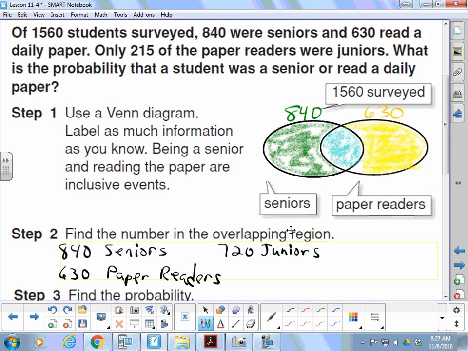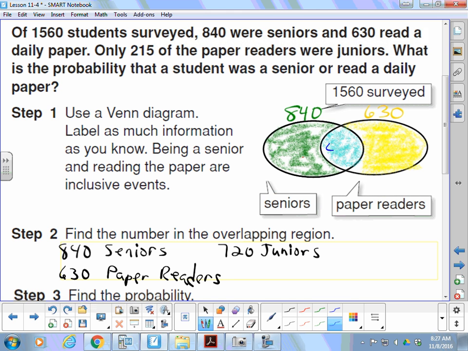So what we need to find out is then how many people are going to go in here. So it says 215 of the paper readers were juniors. All right. So if there's 630 paper readers, if 215 of them were juniors, how many of them were seniors? 415. Okay, so where does that number go? In the blue.